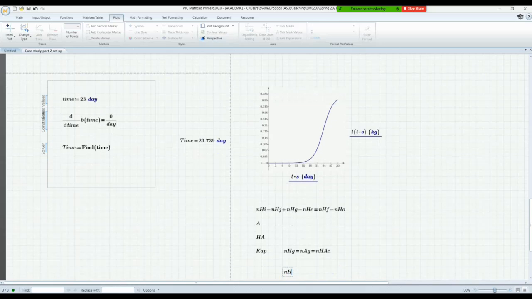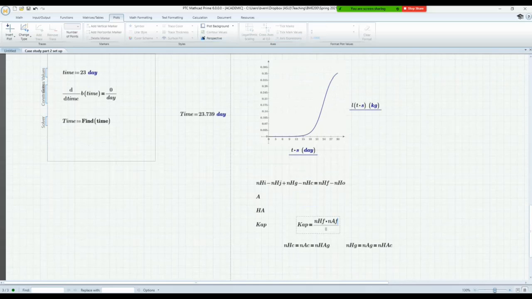It could be NHC, NaC, NHAG. This is not your KAP equation. The KAP equation, remember, is KAP equal to NHF times NAF over NHAF at equilibrium at the end.